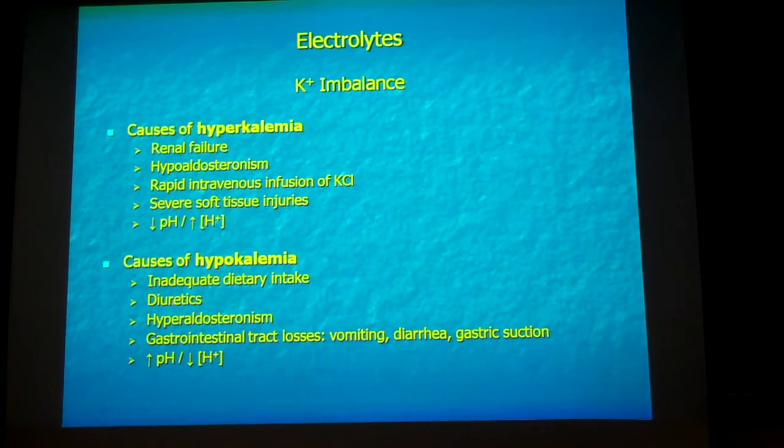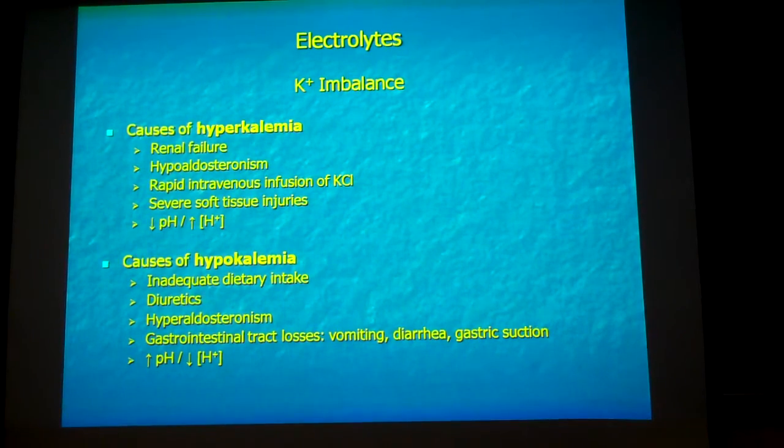So diuretics can wash out potassium. Hyperaldosteronism, which is the opposite of this, isn't it? If you've got an overactive adrenal gland that's producing lots of aldosterone, you're absorbing extra sodium and getting rid of too much potassium. So that can do it.